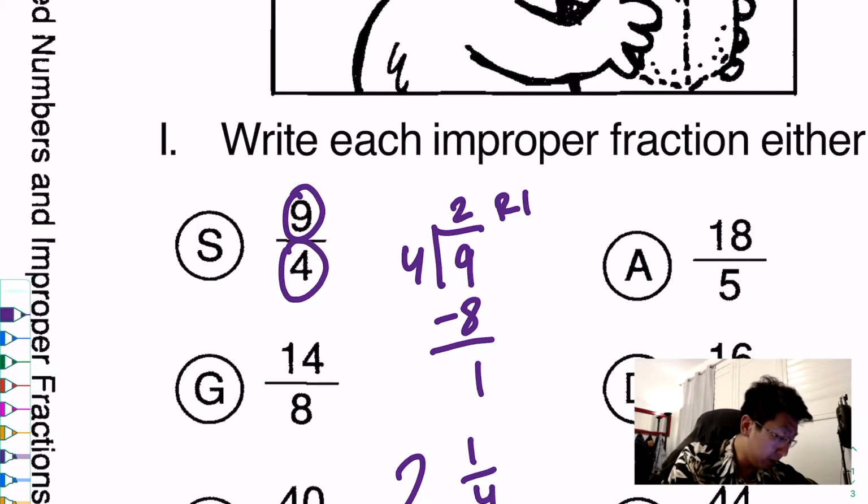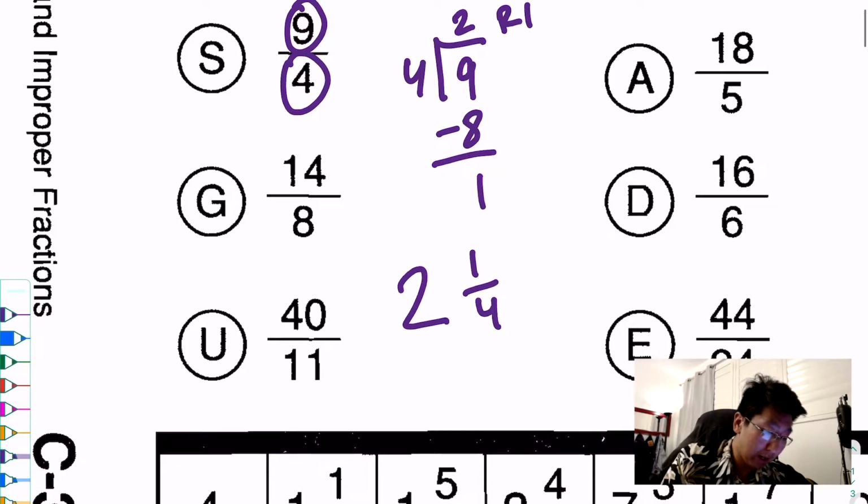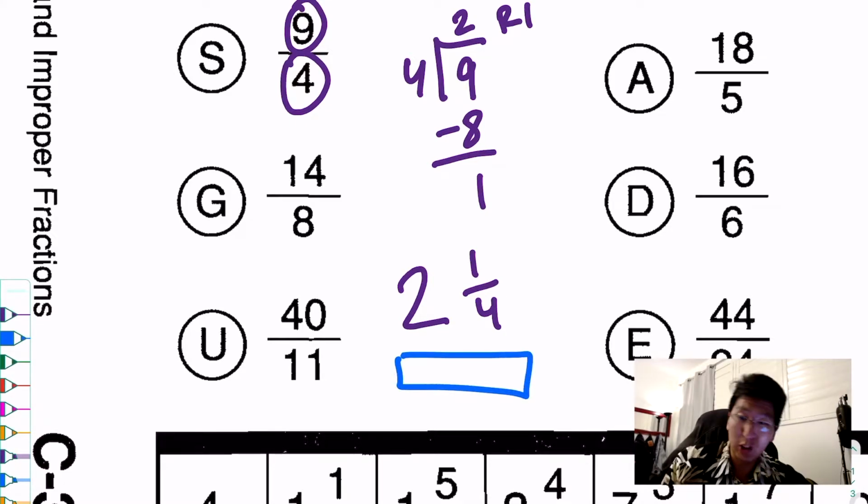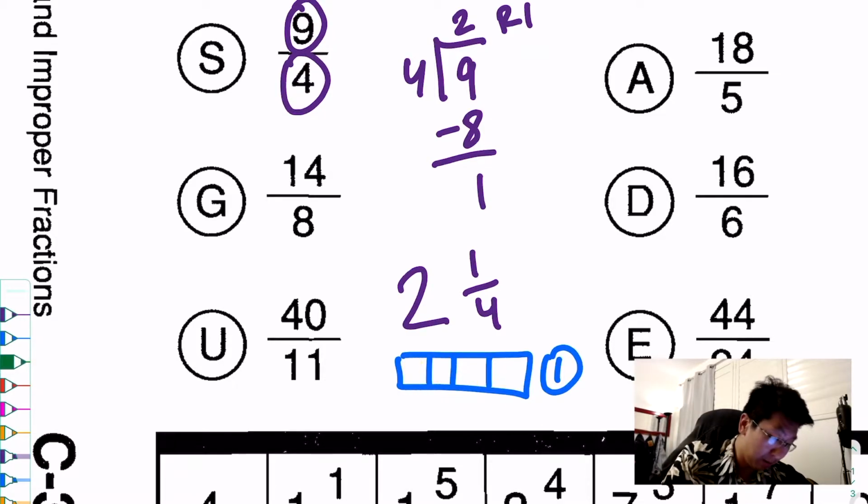To illustrate this, I'm just going to take 9/4 and talk about that really quick. I'm going to take, let's say, a chocolate bar, and I'm going to cut it into fourths. So this is 1 chocolate bar, and there's 4 pieces. 1 2 3 4. Out of 4, when they're broken up into 4 equal parts, I want 9 of those.